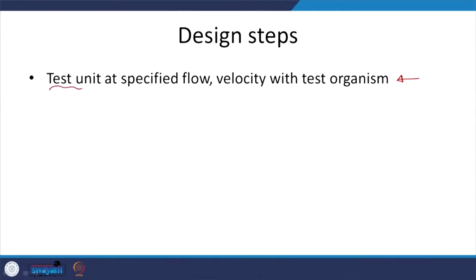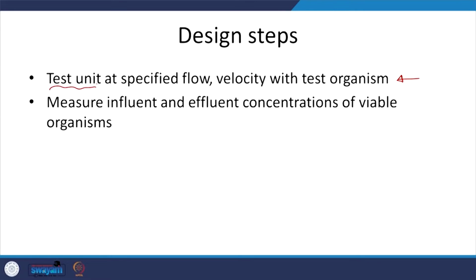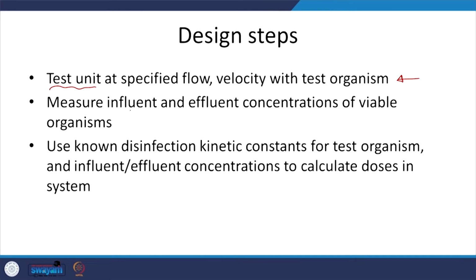So why did I mention that? Because you want to obviously test it on the unit with the relevant flow. Measure influent and effluent concentrations of the viable organisms. Use known disinfection kinetic constants for the test organism and influent and effluent concentrations to calculate doses in the system. So obviously, what is coming in, microorganisms, what is going out.